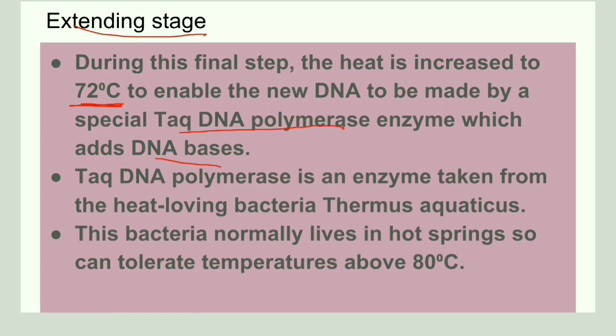A Taq polymerase is an enzyme, and this enzyme is taken from a heat-loving bacteria called Thermus aquaticus. So from a bacteria, Thermus aquaticus, we get Taq polymerase. This bacteria lives in hot springs. So since they live in hot springs, they can tolerate a temperature up to 80 degrees Celsius.